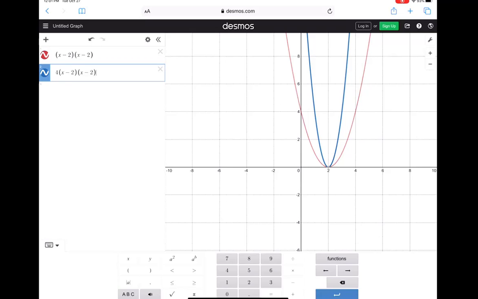So if that 4 makes it get there faster, we've got to figure out a way to get something smaller. If that's a whole number greater than 1, we know it can't be negative because negative is going to flip it. What if we made that a fraction? Let's try 1/2. Can I just do 0.5 for a half?